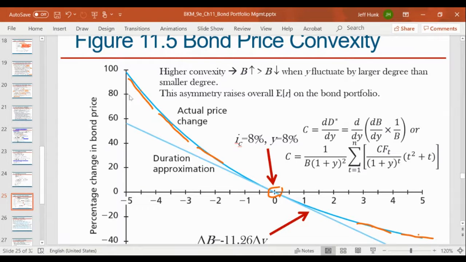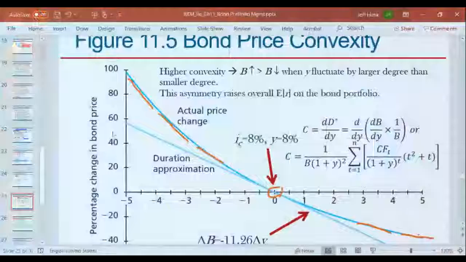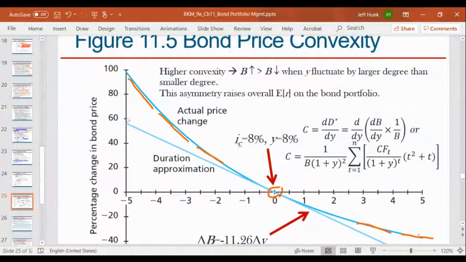Just like that, if the curvature is not that pronounced, a straight line, which is duration, is enough to capture the inverse relationship between the interest rate change and bond price change, right? Okay, that makes sense.